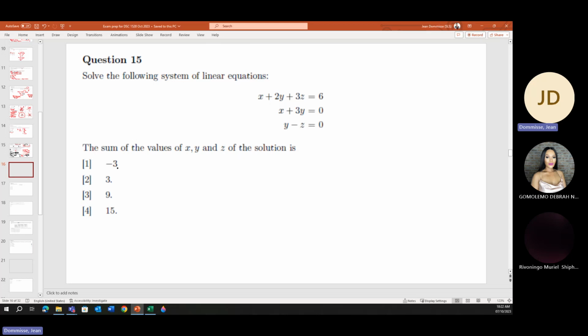But what they've done here is, instead of asking you what the values of those 3 are, they say the sum of x plus y plus z is going to be one of these options.